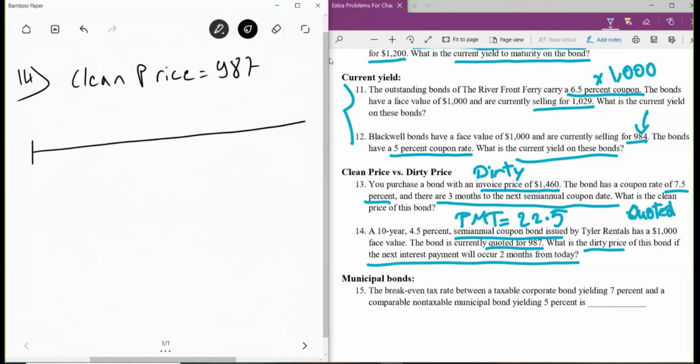So I draw the timeline. The payment is every 6 months. I have a payment of 22.5. So here I have 6 months.